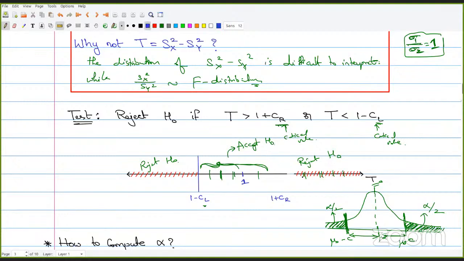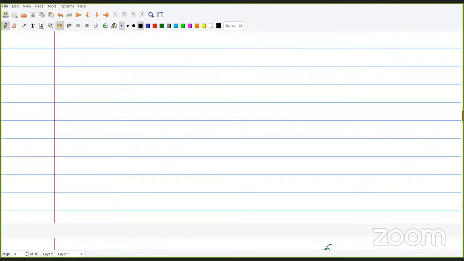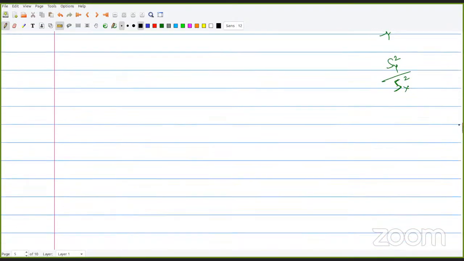For example, I'm giving just a hypothetical value: 1.5 is CR and 1.2 is my CL, and if it is somewhere at 1.3, what will happen? Okay, I will tell you. I got the point, but let me try to convince you with this if I can. You know one is in between, right?